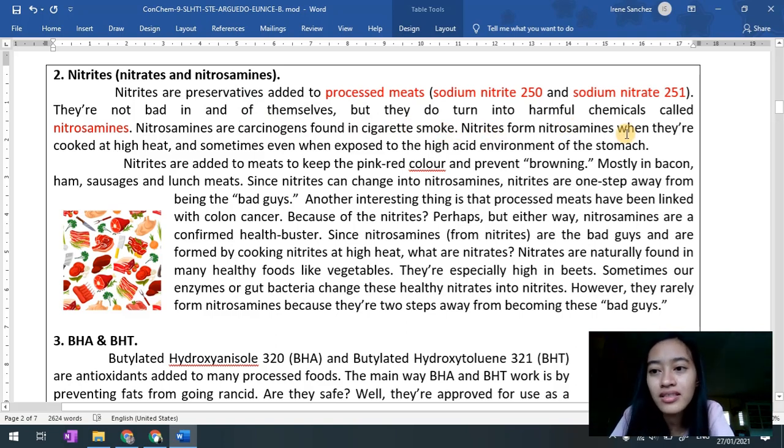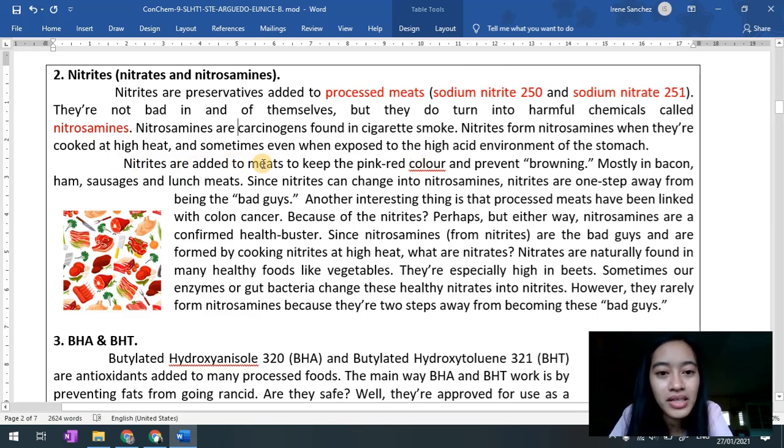Nitrites form nitrosamines when they're cooked at high heat, for example, when meat is barbecued, and sometimes even when exposed to a high acid environment in the stomach. Okay, so they become nitrosamines when you cook them at high heat, and also when exposed to the acidic stomach.